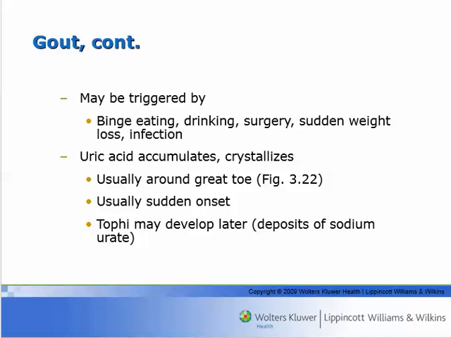Now, in the past, they used to call it the rich man's disease because it happened in people that ate high purine diets, so lots of red meat and red wine and things that the peasantry couldn't really afford to eat so much, but the aristocrats in Europe did eat, and they tended to overeat in those things, and they didn't get a lot of exercise. They tended to have a fair amount of weight, and so gout was considered a problem with them.